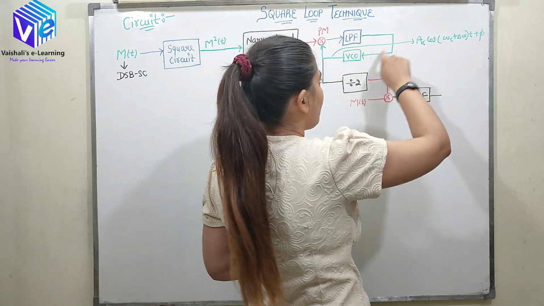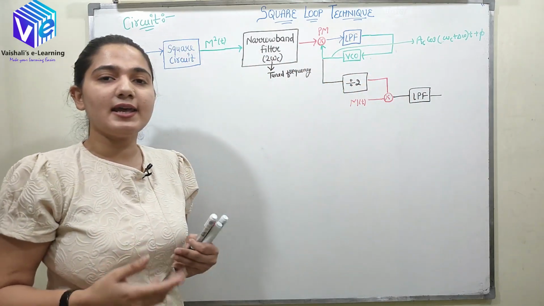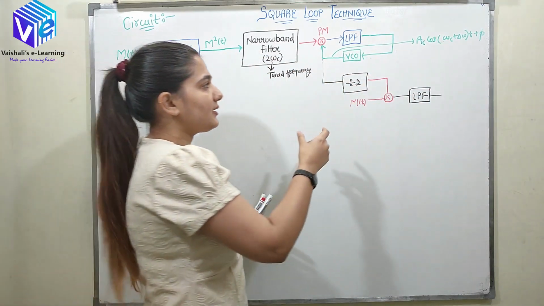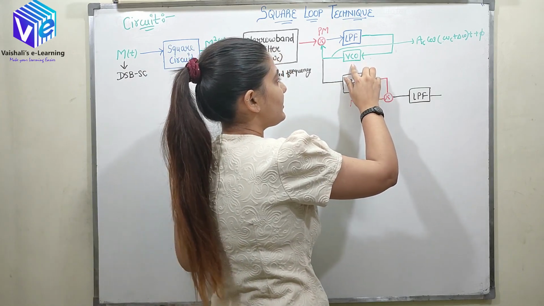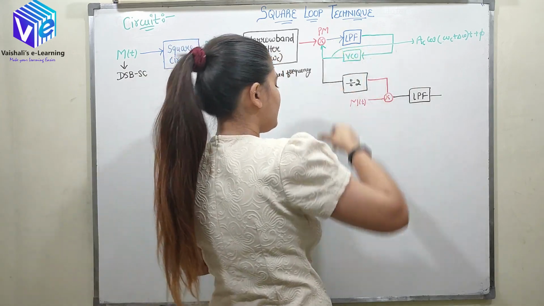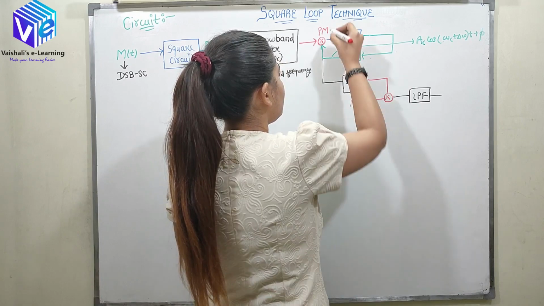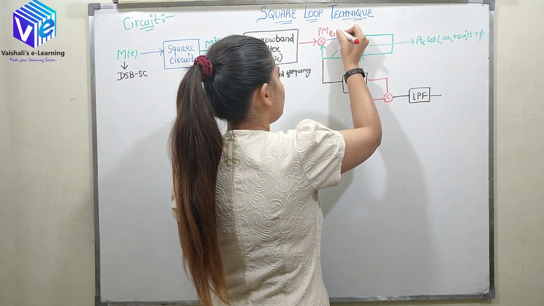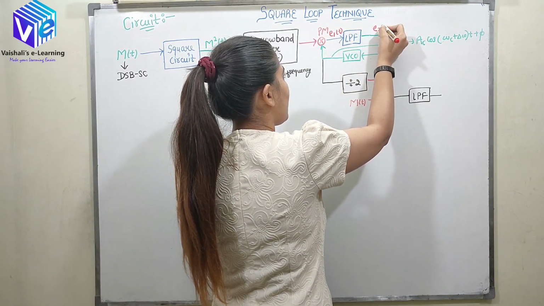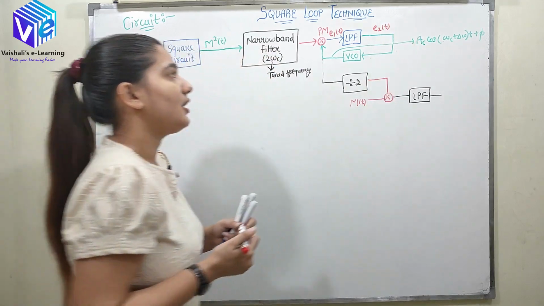From this feedback circuit, we can extract the exact value of the locally generated carrier with the help of the error signals generated. Error signal 1 is generated from here and error signal 2 from here.